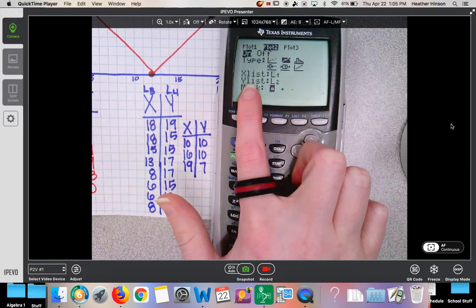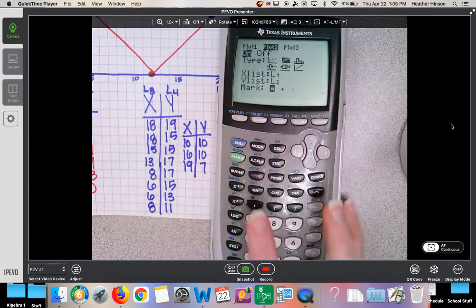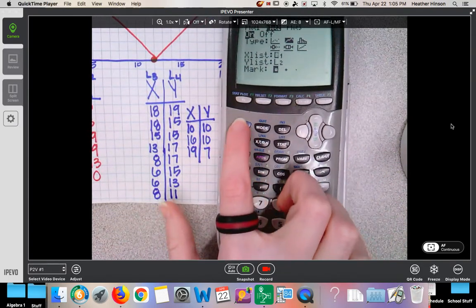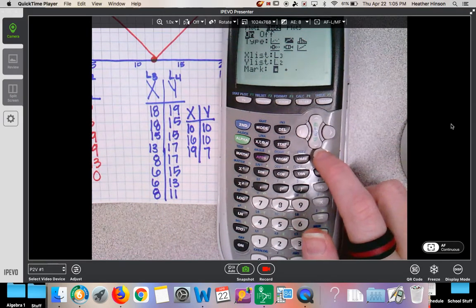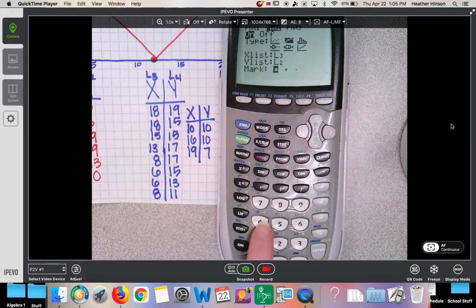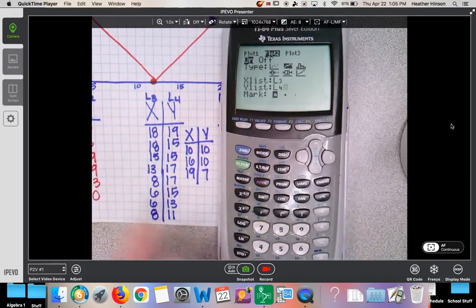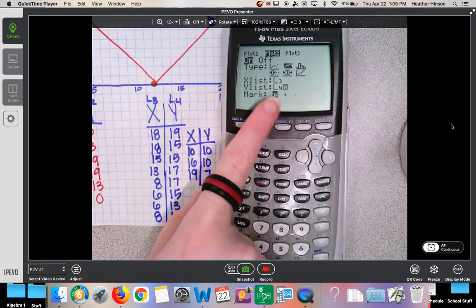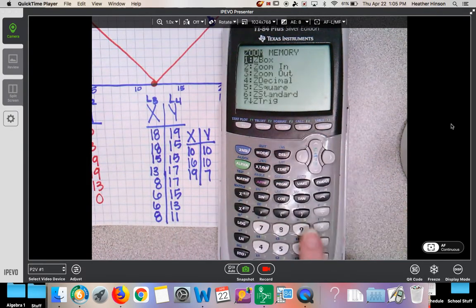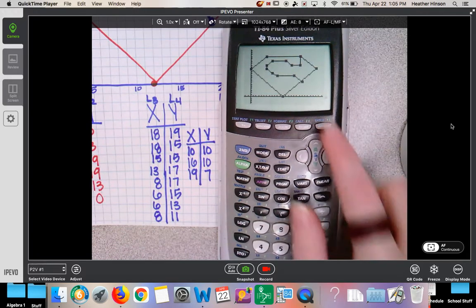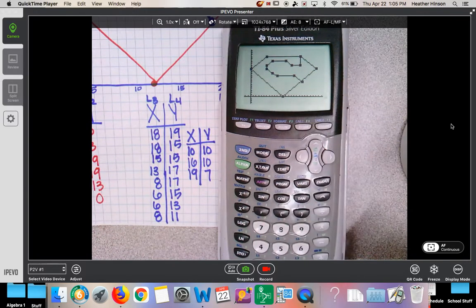So for my X and Y, I need to change these. To get L3, I'm going to hit second, number 3. And for Y, I'm going to hit second, number 4. Now it's got my L3 and L4 columns. Then I can go back to Zoom 9. And I've got the first part of the S connected as well.